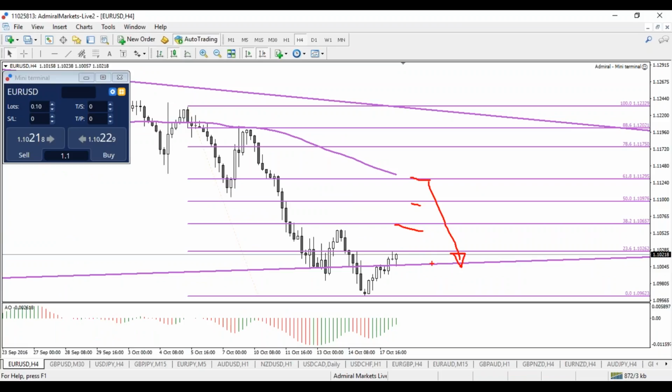If it's slow and corrective, then I don't think it's the start of the downtrend. If it starts to fly down, the downtrend has started. So from that perspective, looking for shorts at these fibs in both scenarios makes sense.